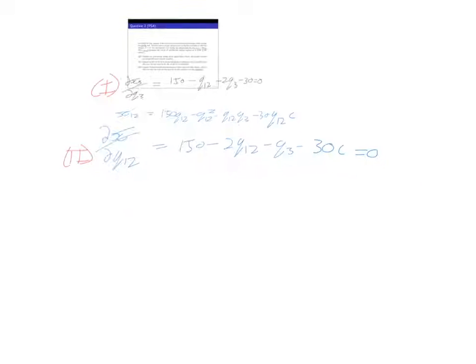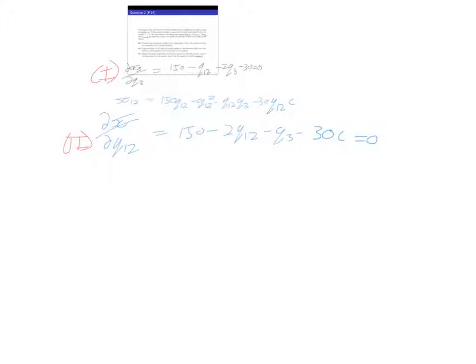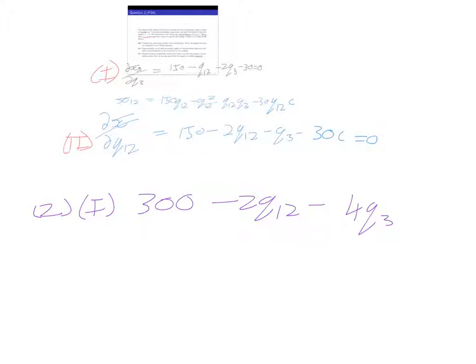We're going to have to solve the system. So 2 times equation 1 is going to be 300 minus 2Q12 minus 4Q3 minus 60 equal to 0. We just stick in equation 2 as is.